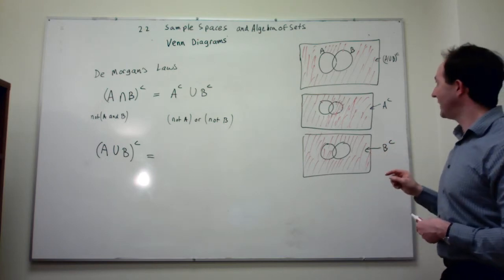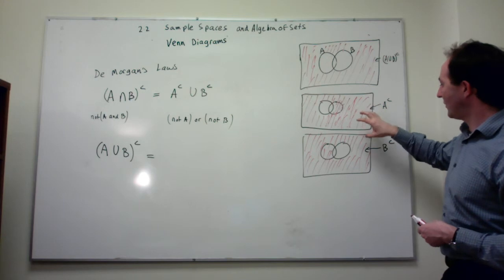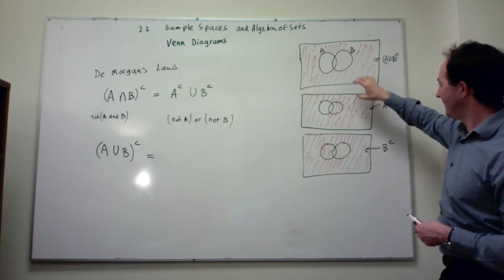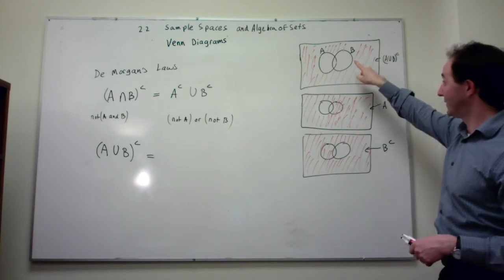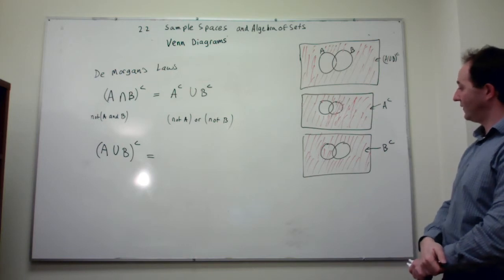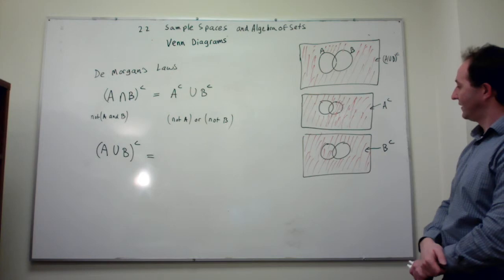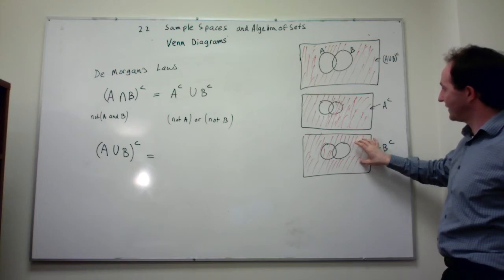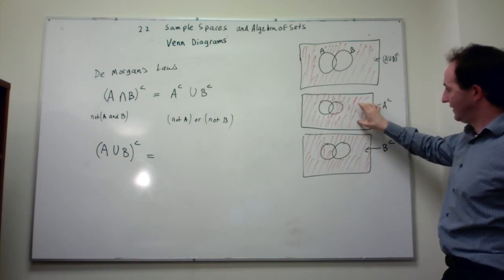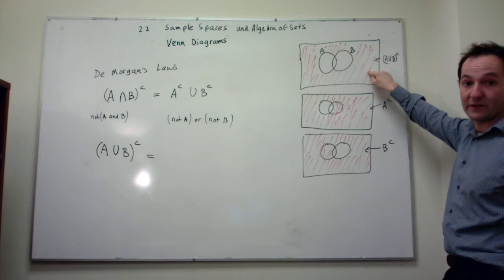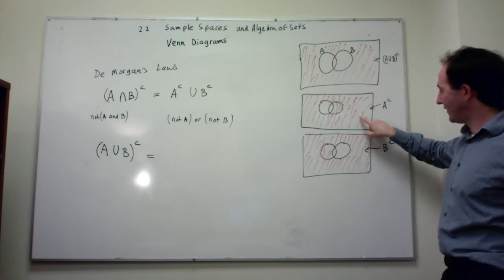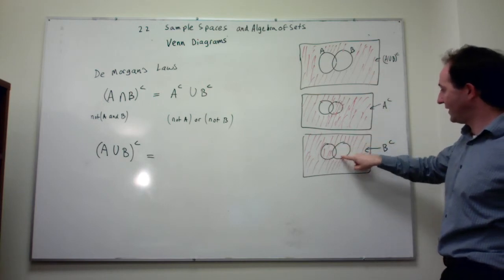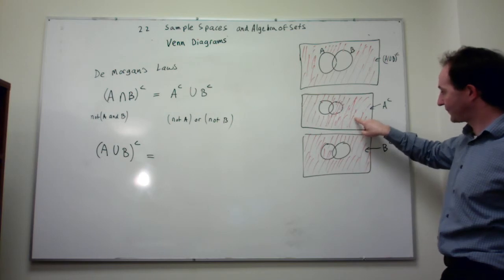And the statement is, how can we take these sets and combine them in a way to produce this set? Well, everything that's red here and red here is going to be what I want over here. So this thing that's outside of both A and B is marked red here and here.